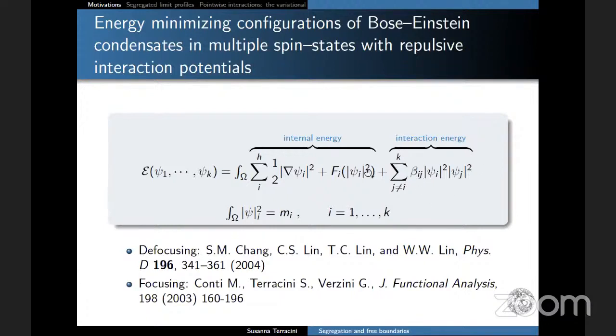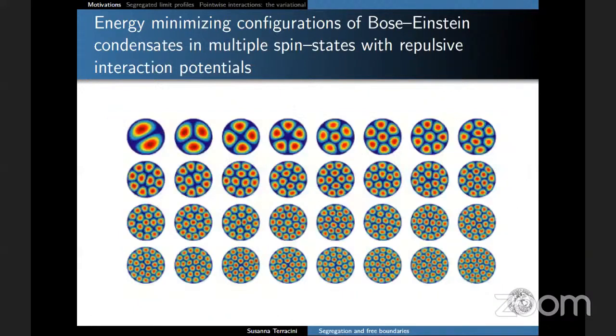In this case, the potential is quartic, so the interaction in the differential equation will be cubic. One can consider the focusing or the defocusing cases, depending on the sign of f, and then it makes sense to fix the mass.